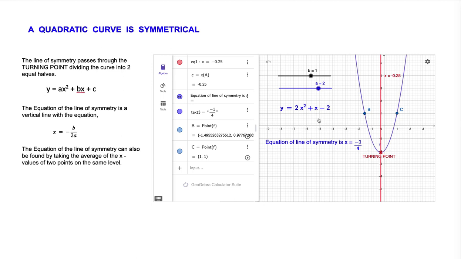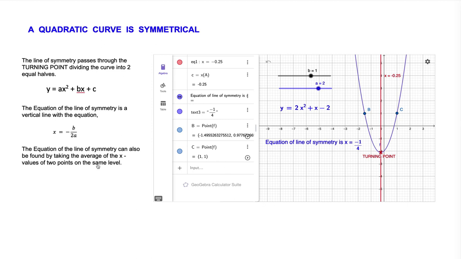For example, in this case here, b is 1, so we have negative 1 over 2 times 2. A is 2, so negative 1, which is negative b, over 2a, and a is 2, so 2 times 2, giving us negative 1/4.